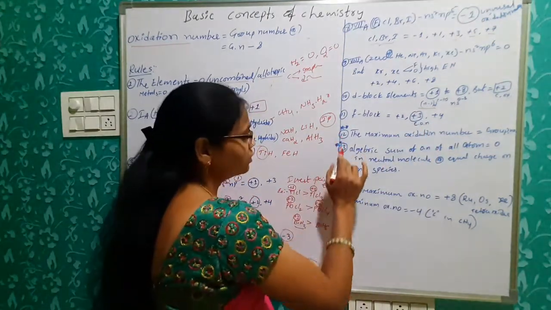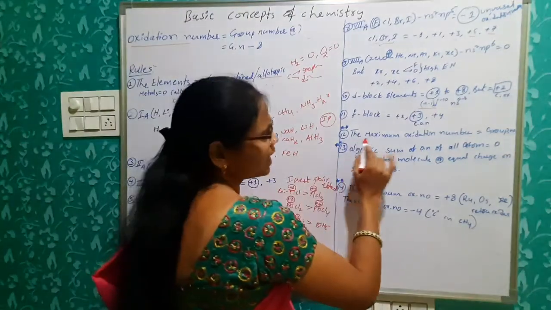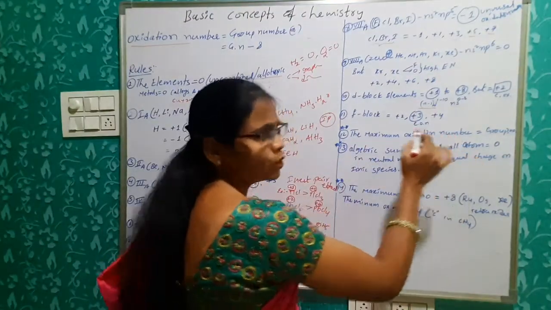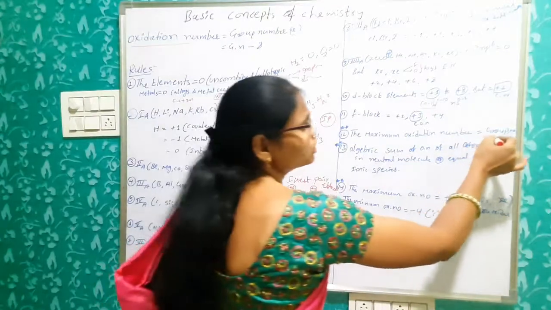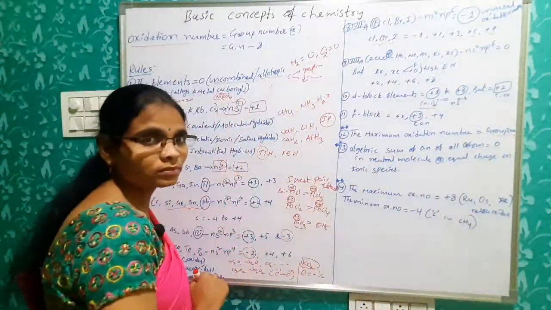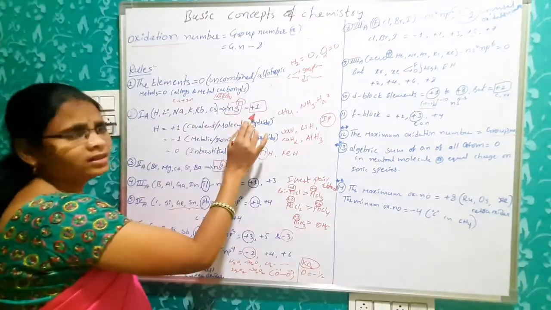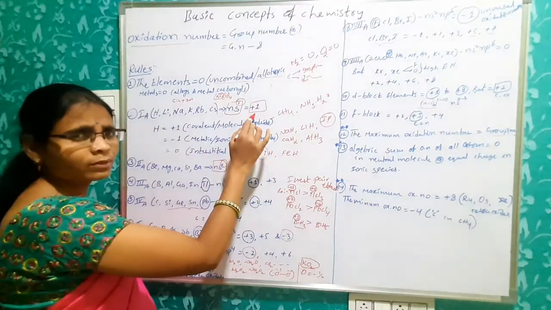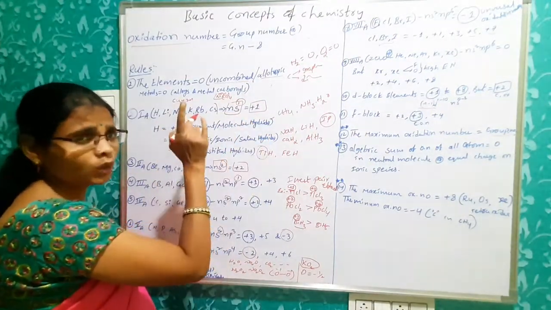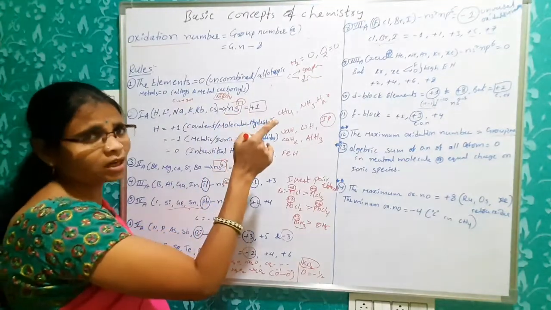Now listen to me carefully. The maximum oxidation number shown by any element is equal to its group number. One A group elements show plus 1 oxidation number: in the uncombined state they show 0, and plus 1 in compounds.